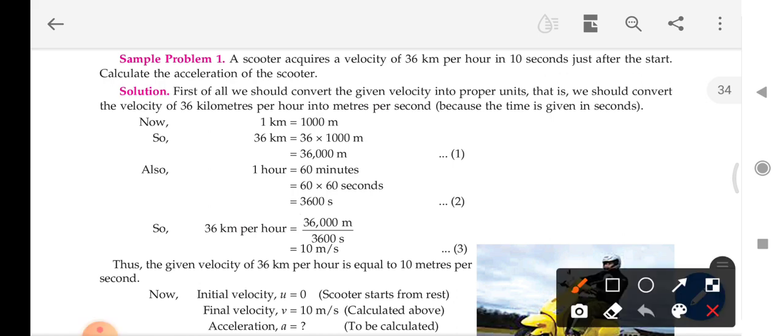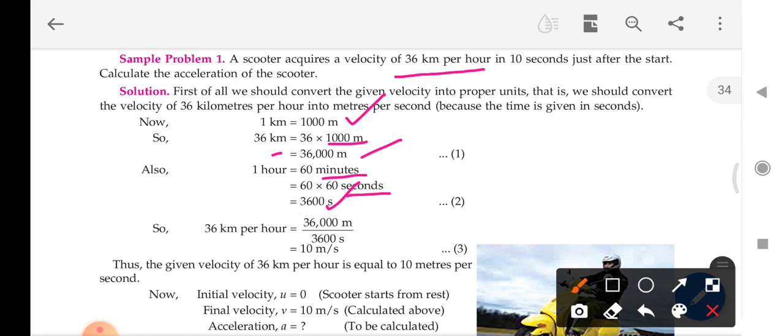First you have to convert the 36 km per hour into meter per second. So 1 kilometer equal to 1000 meter. 36 kilometer equal to 36, instead of kilometer you can substitute 1000 meter. When we multiply 36 into 1000, 36,000 meter. And 1 hour equal to 60 minutes. Here instead of minute you can use 60 second. 60 into 60, 3600 second.